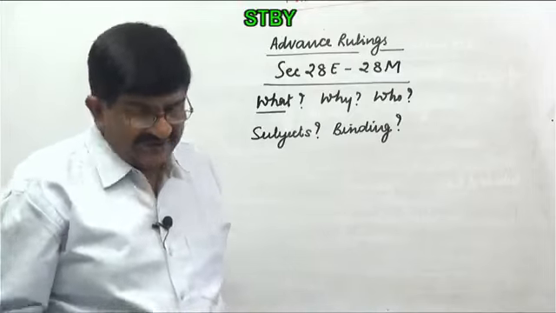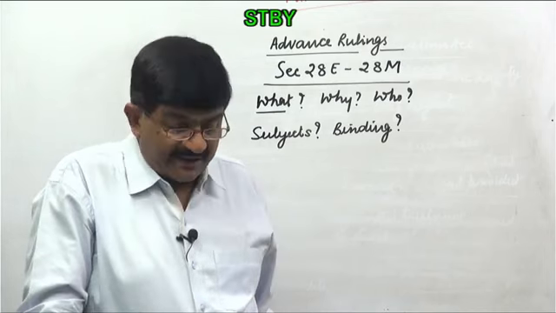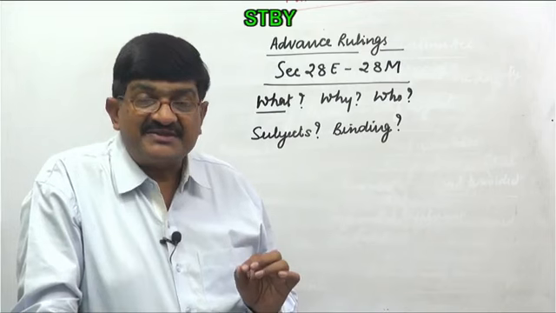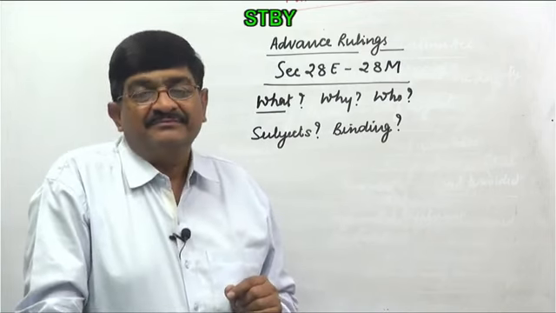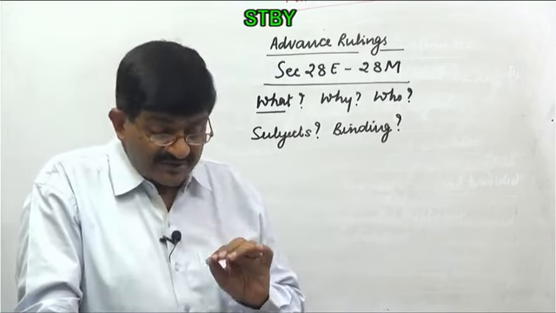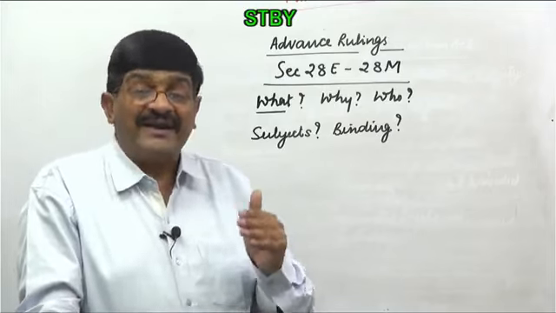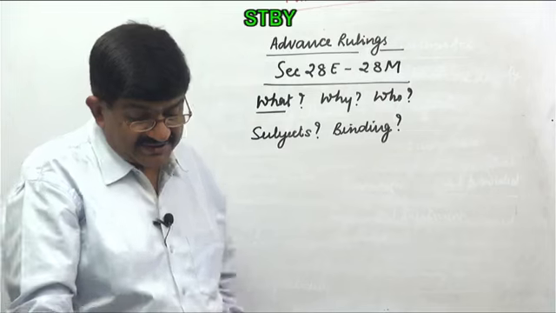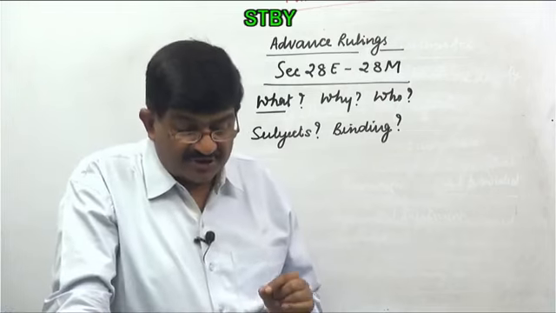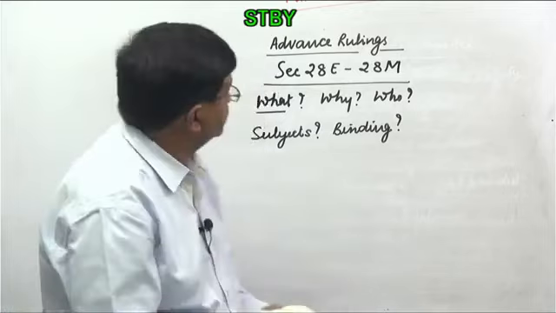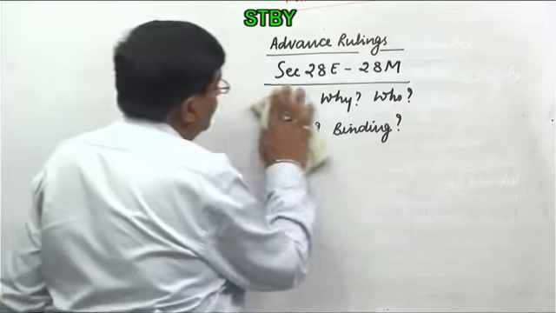If you look in the definition section 28E, this says advance ruling means a written decision. I have a different opinion. This is not a decision. This is again an opinion expressed which is binding. Anyway, written decision on any of the questions referred to in section 28H. Let us see one by one what it says.